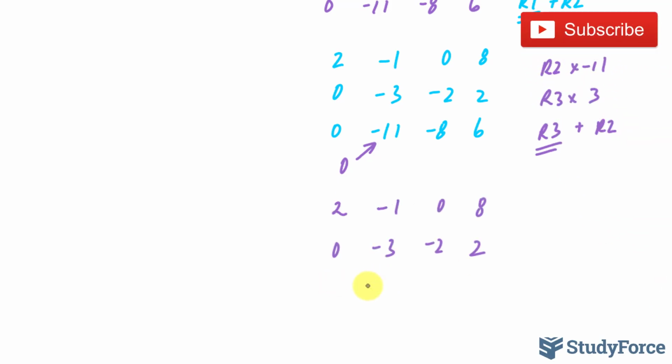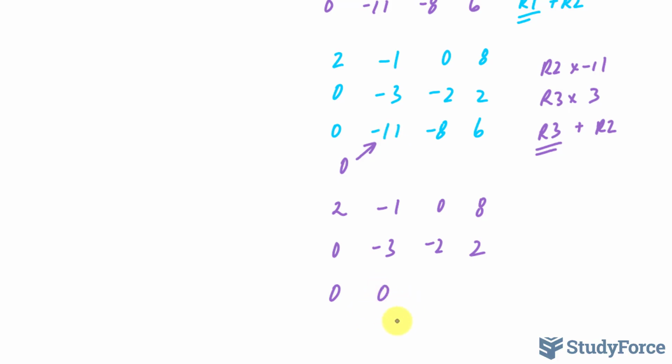Let's do the first two elements that will change. Row 2 times negative 11 is 0. That times 3 is also 0, so this will become 0. This times negative 11 is positive 33. This times 3 is negative 33. That gives us 0 when we add them up, and the rest will become negative 2 and negative 4.